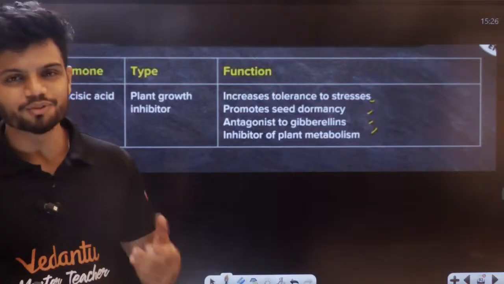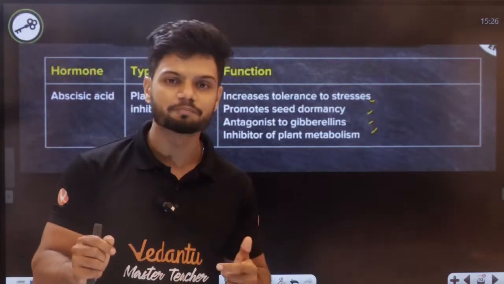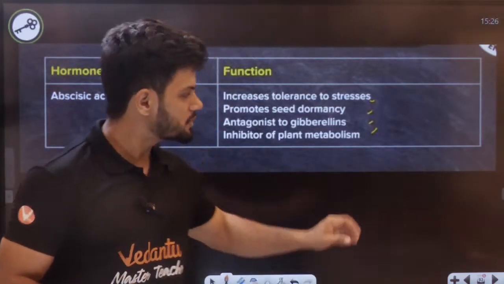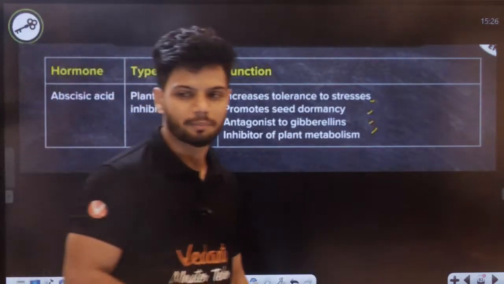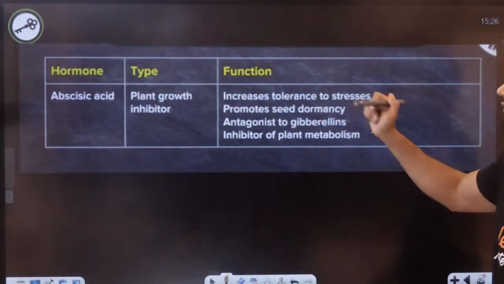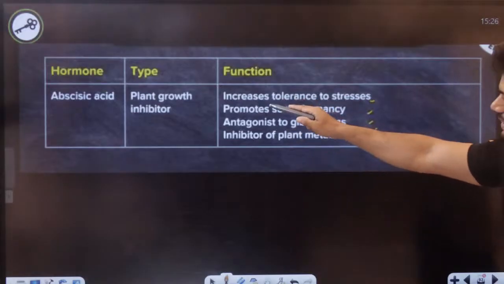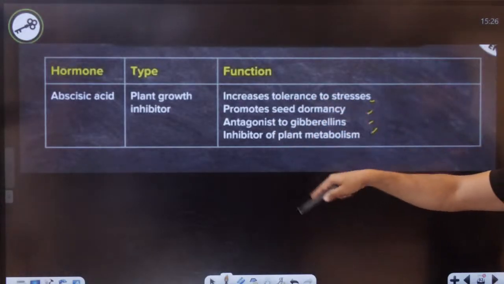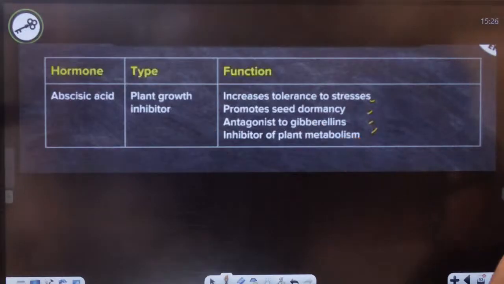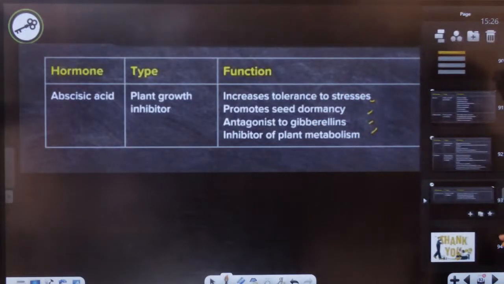So download the notes. Notes will be given in the description. All of these notes will have these questions plus the entire information in the table. So this can be used very well. See, abscisic acid is what? Increased tolerance to stress, promote seed dormancy, antagonist to gibberellins, inhibitor of plant metabolism. Crazy, right?